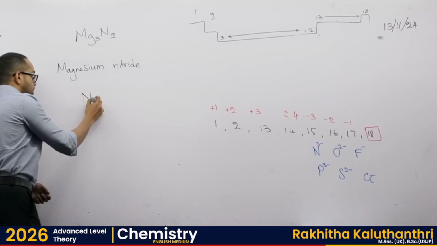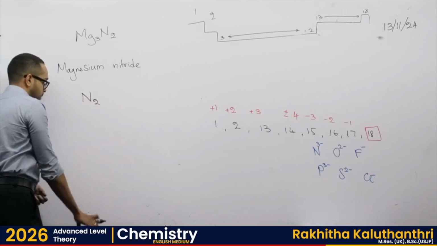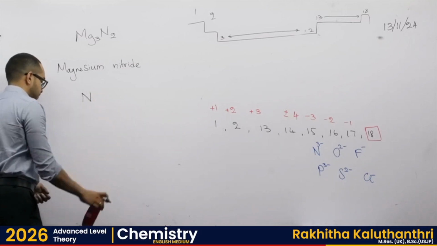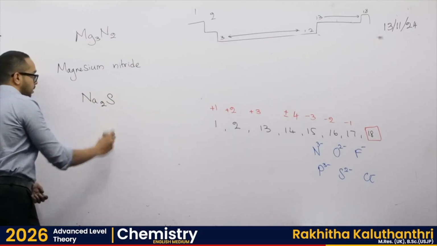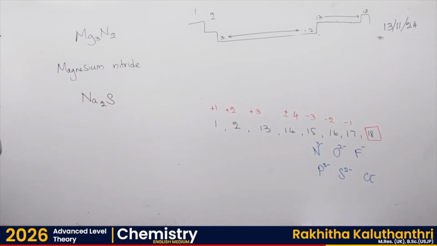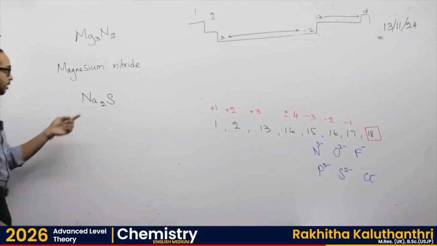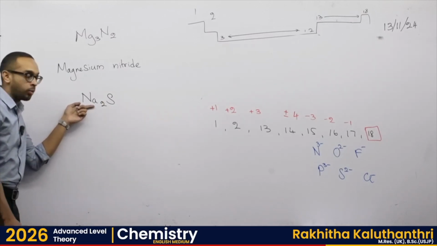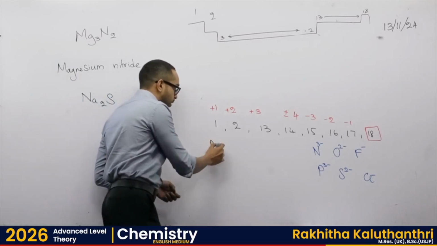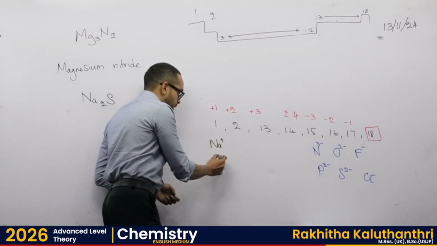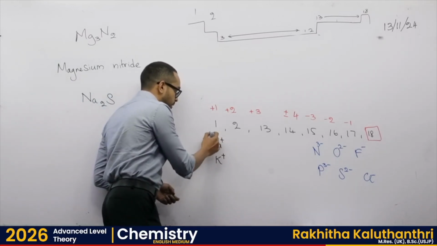So what about this, Na? How would you name this? This is the positively charged ion. Sodium always forms +1. So sodium, potassium, lithium, always +1.